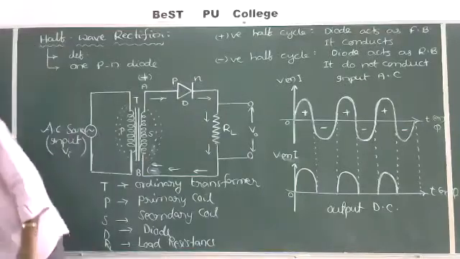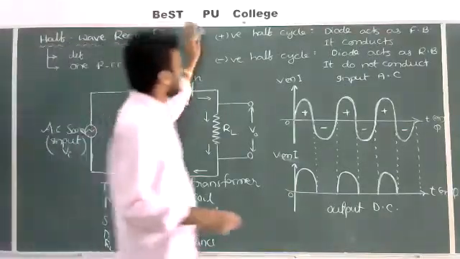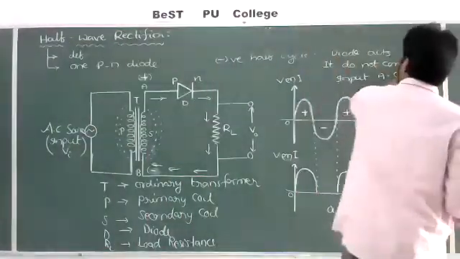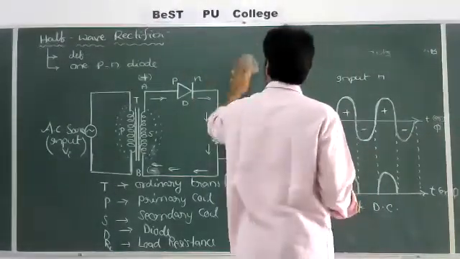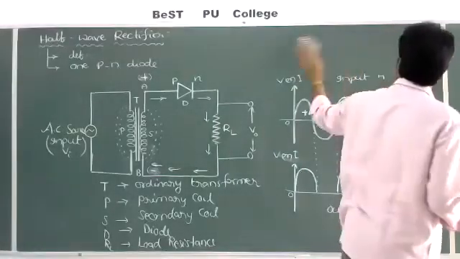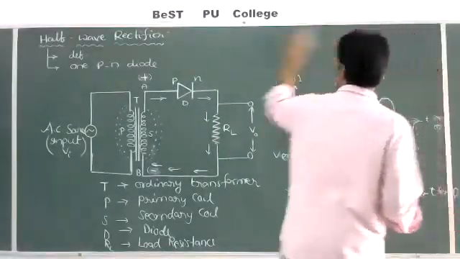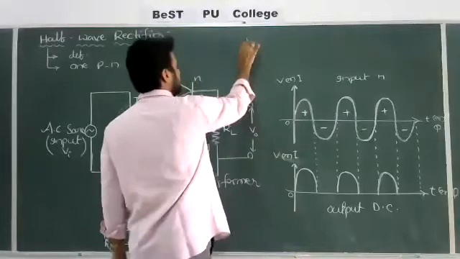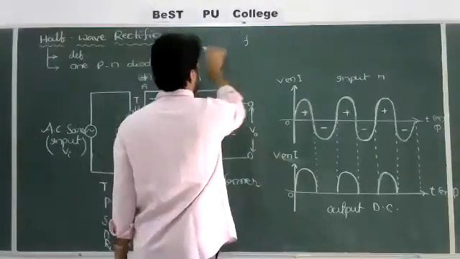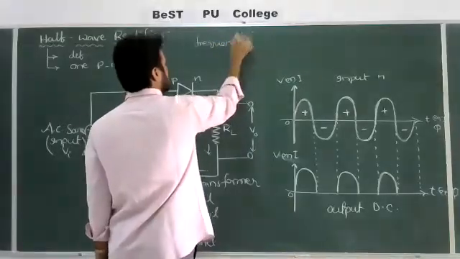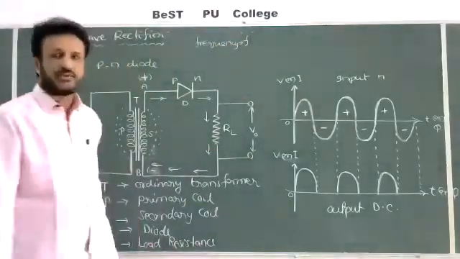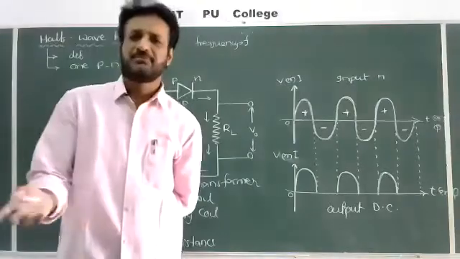In the case of the half wave rectifier, when we give an AC having some frequency, for example F, the frequency of the input AC is F, or n hertz, maybe 50 hertz.